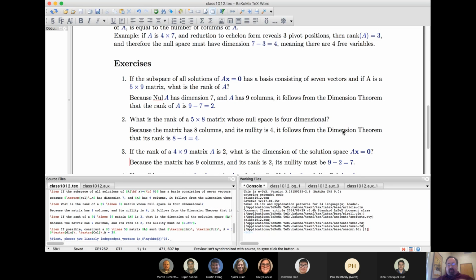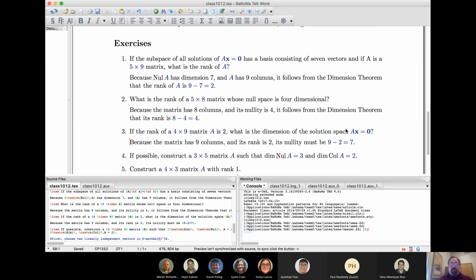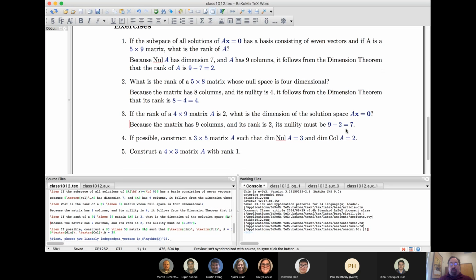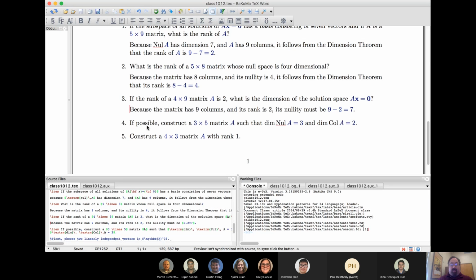Okay. All right, now the remaining problems work with rank and nullity also, but in a different way. Here you're actually supposed to construct a matrix, so there's a lot of variability here, that has a null space of dimension 3, and therefore has to have a rank of 2.